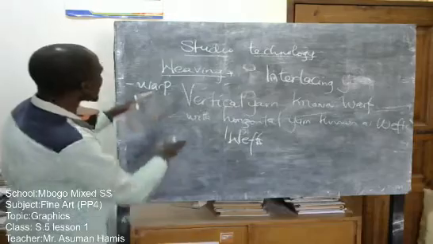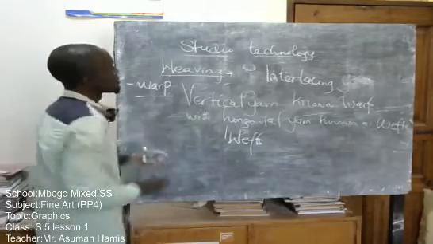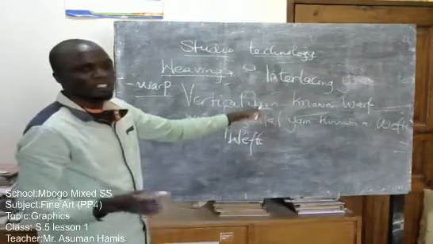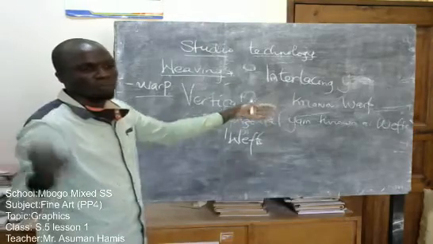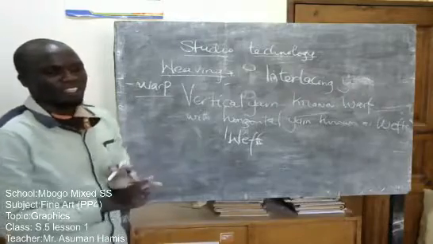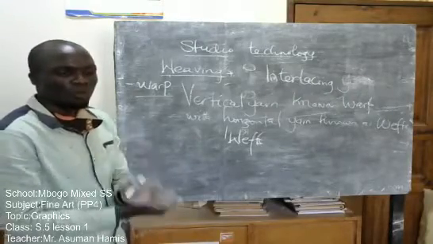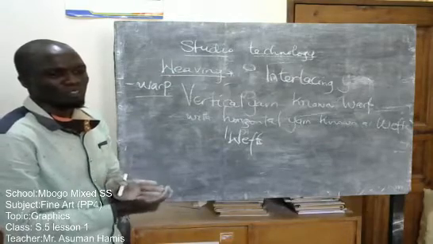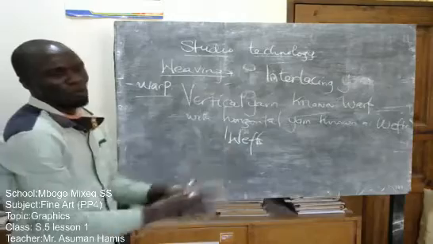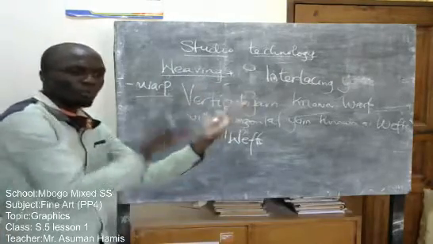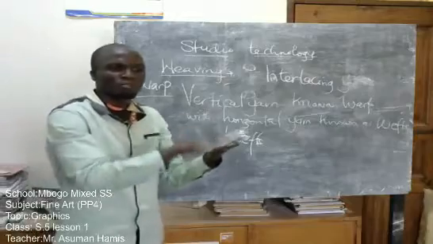So if someone asks you what a warp is, it is a vertical yarn that is laid on the loom during the weaving process. I have said a warp is a vertical yarn that is laid on the loom and used during the process of weaving. So a warp is vertical, the vertical threads that are laid on the loom as someone is weaving.